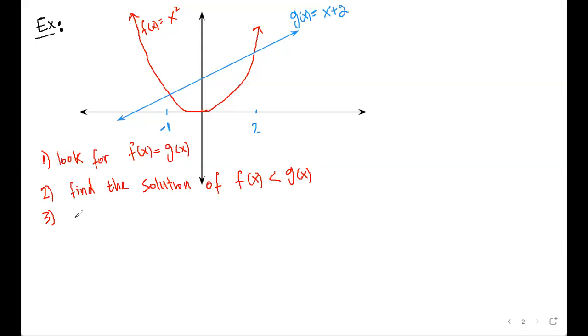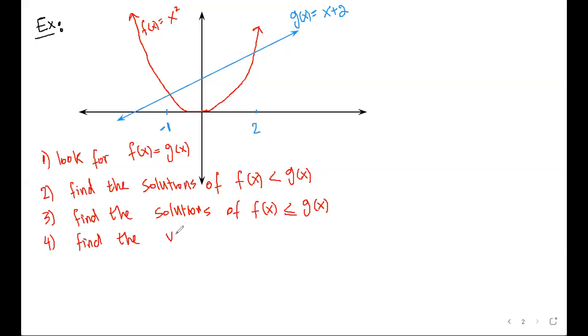Third one, find the solutions of f of x less than or equal to g of x. And fourth one, find the values, the solutions, of f of x greater than g of x.